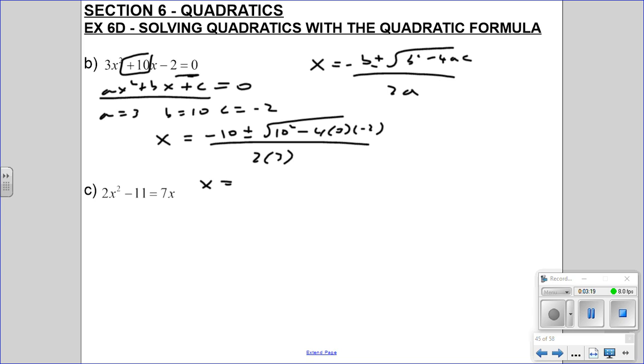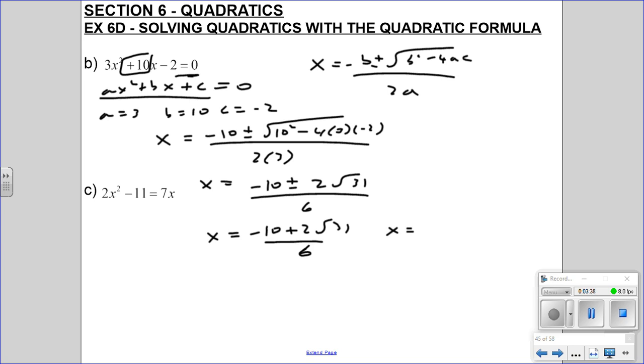So 10 squared minus 4 times 3 times minus 2, so that's root 124, which is the same as 2 root 31, over 6. And then that means your first solution is the plus version over 6, and your second solution is your negative version over 6.